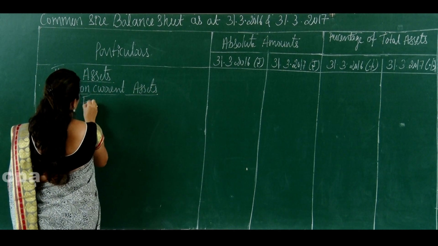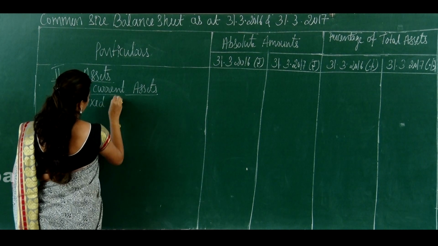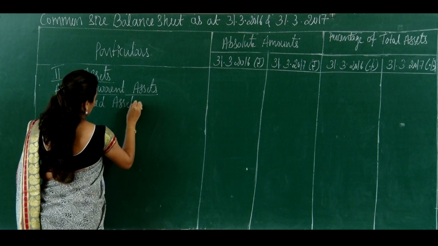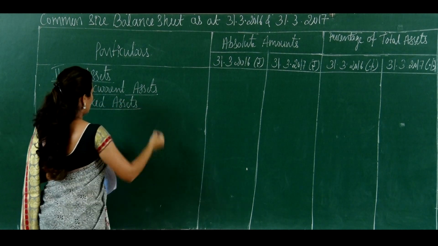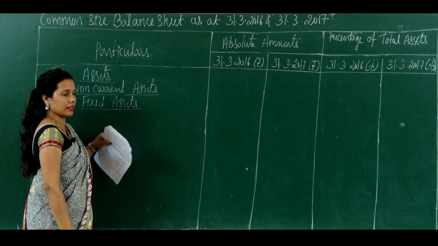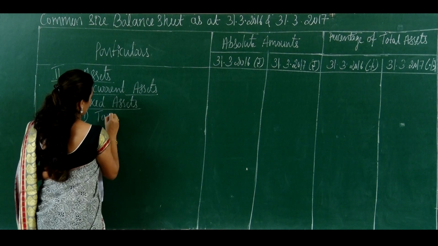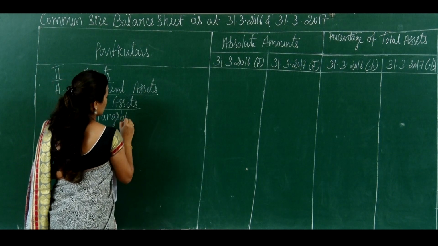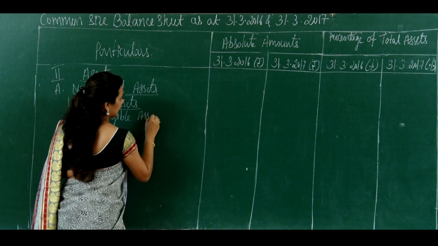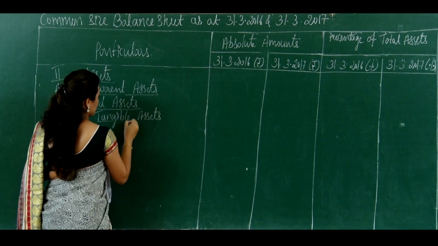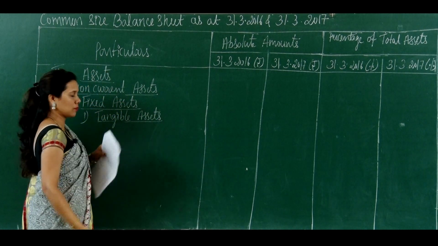First one, fixed assets. Building and machinery, fixed assets. Under fixed asset, two categories: tangible assets and intangible assets. So, building and machinery are tangible assets.